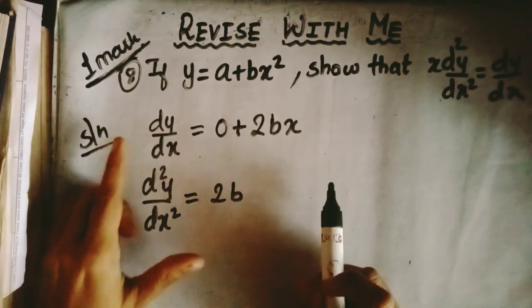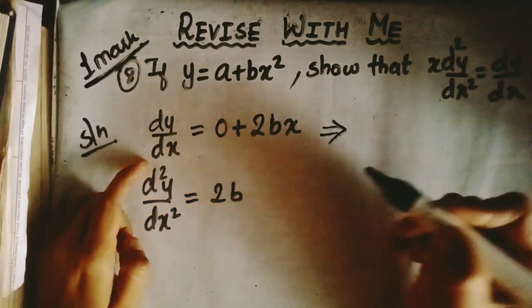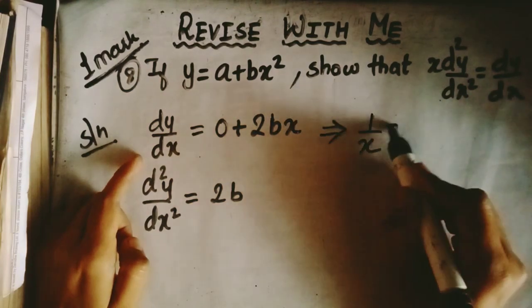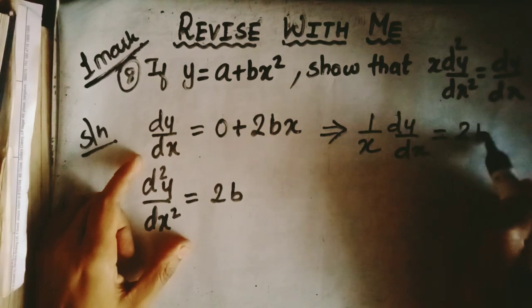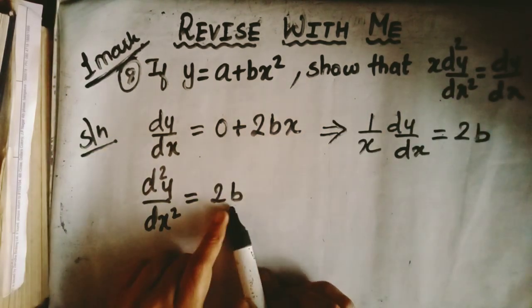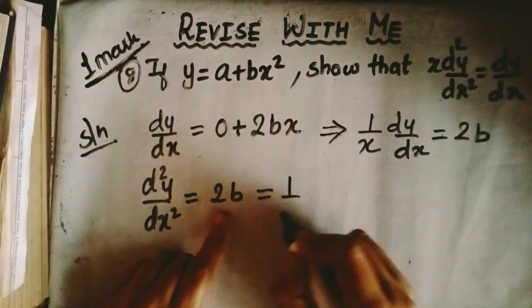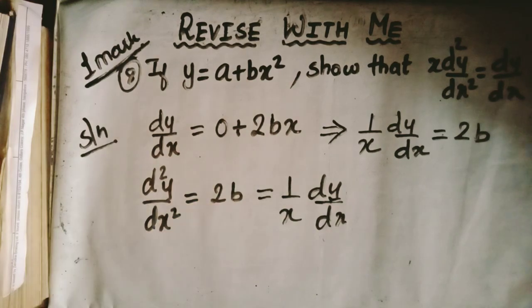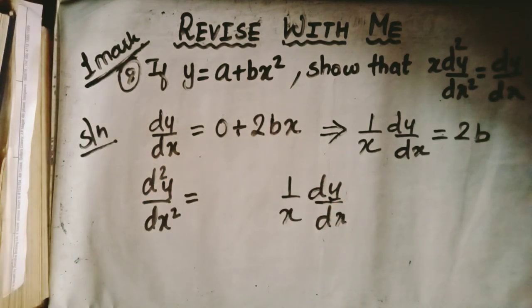So dy by dx we have 2bx, so 1 by x dy by dx equals 2b. So 2b we have equal to this, so we are getting the result. This is the desired result.